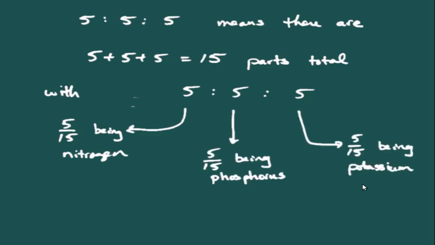The 5 in the middle, the number of parts of phosphorus, gives us a fraction of 5 over 15, so it's also 1/3 of that bag that is phosphorus. And finally, the third 5 is the number of parts of potassium. That gives us 5 over 15 total parts, or 1/3 of the bag also being potassium.